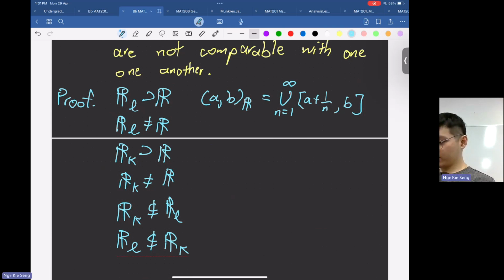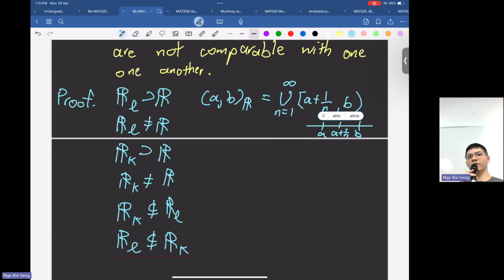Let me put the a, b here. a plus 1 over n is converging to a.